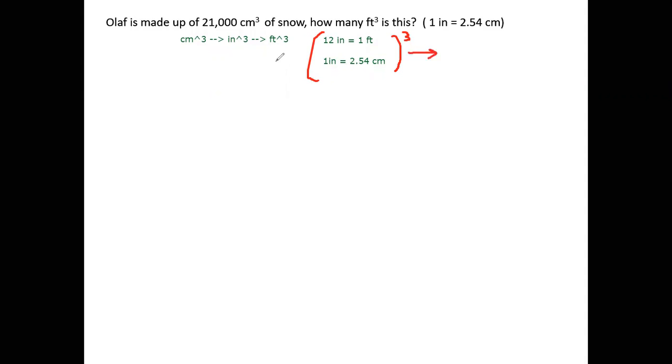Again, we have to cube them because we're dealing with cubed units. We need to cube the conversion factors before we start doing our calculations. So again, if you don't have the cube function, you just can go 12 times 12 times 12. It'll tell you the cube value of 12 cubed.